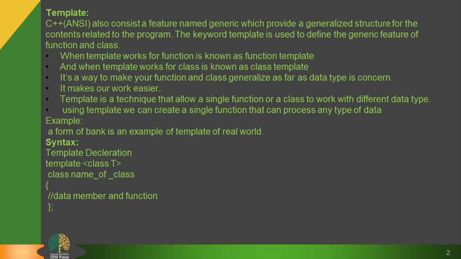So we can say it processes any type of data for us. Using template, a single function or class can work with different types of data. We can include float and double data types with the concept of template.